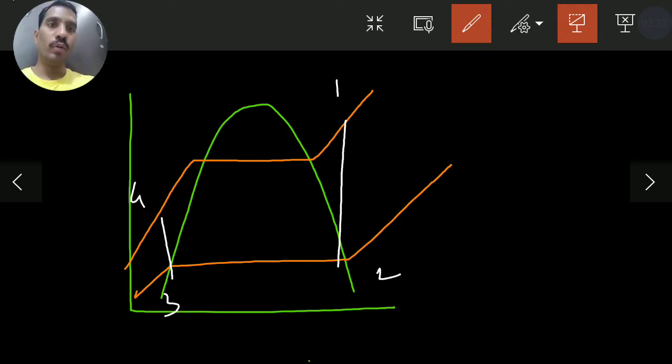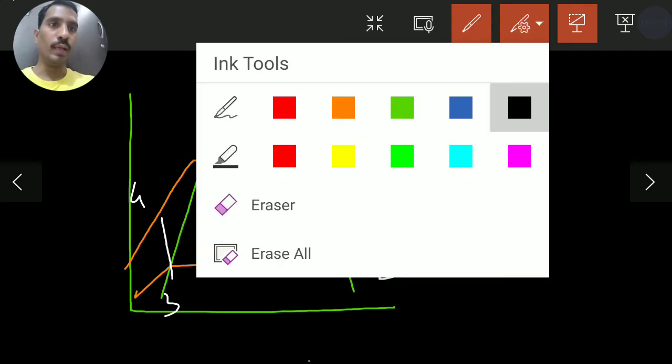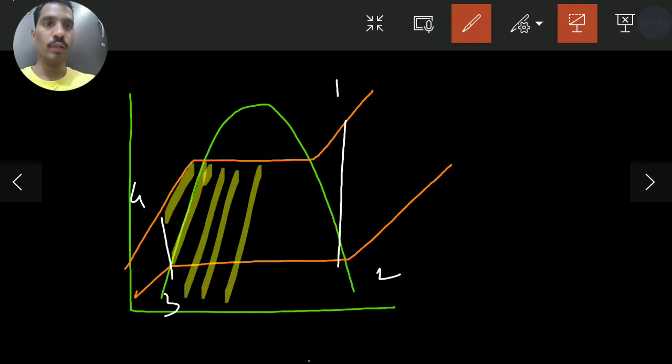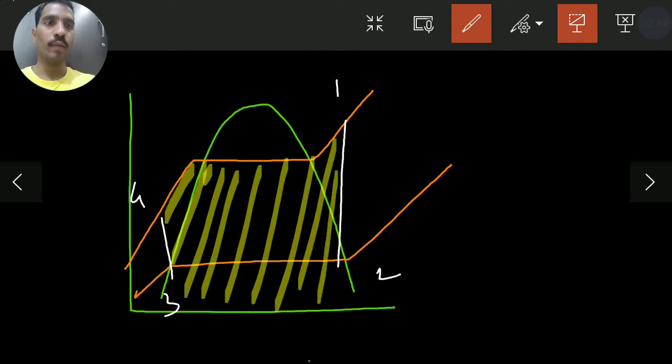Now we have to draw one line such that, if you see before that, the area below this 4-1 process is nothing but the heat supplied during the 4-1 process. During the 4-1 process, whatever heat is supplied will be indicated on this TS diagram by this area. Area below the 4-1 process is nothing but the heat supply.